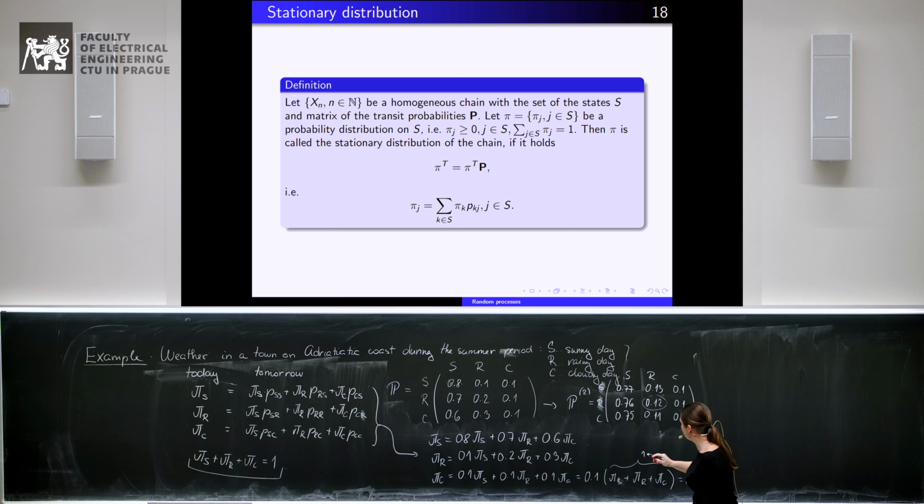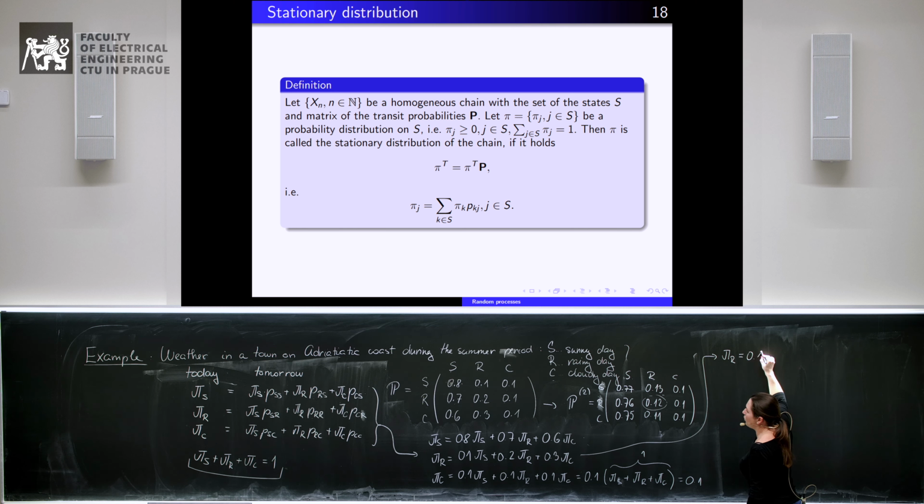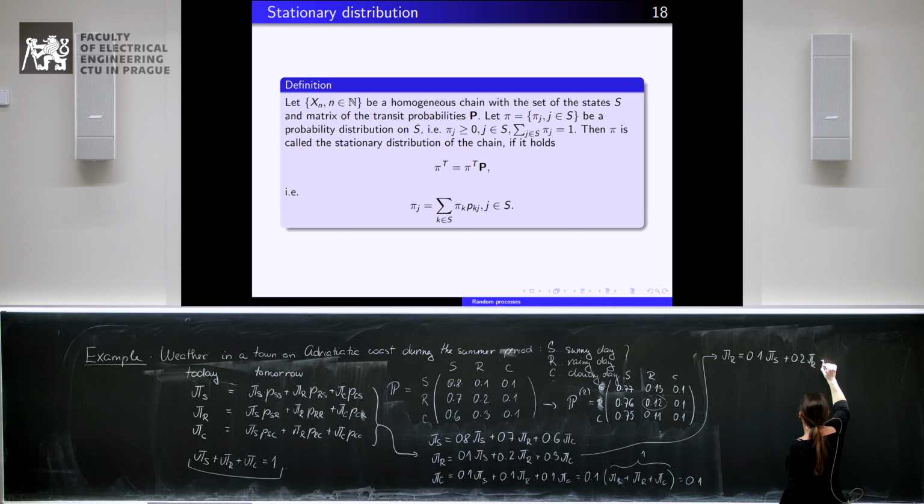Okay, so we can put it, for example, into the second equation. So pi R is equal to 0.1 pi S plus 0.2 pi R plus 0.3 times 0.1. And what can we do with this?